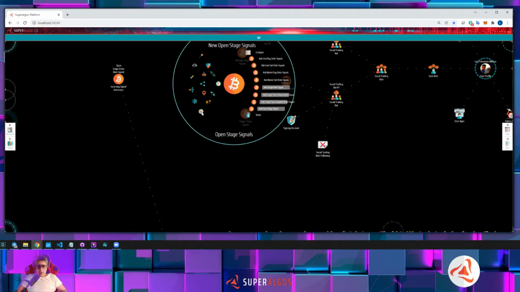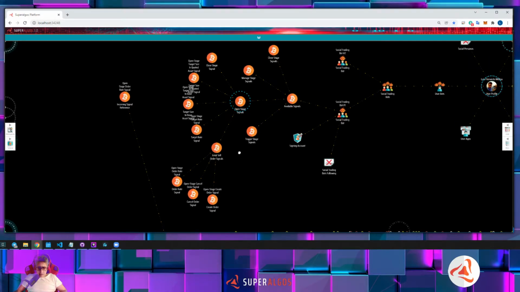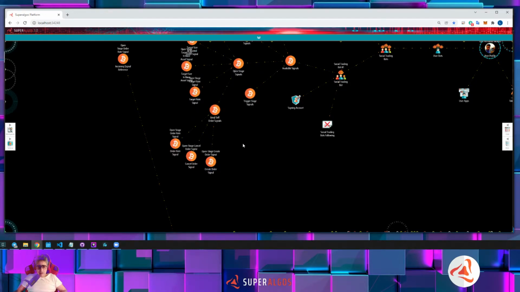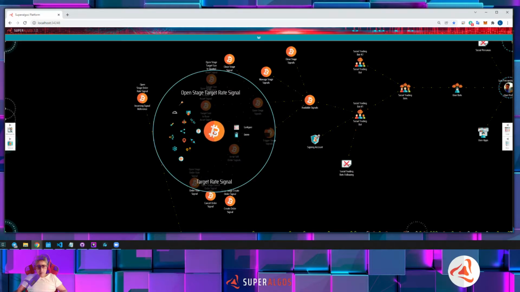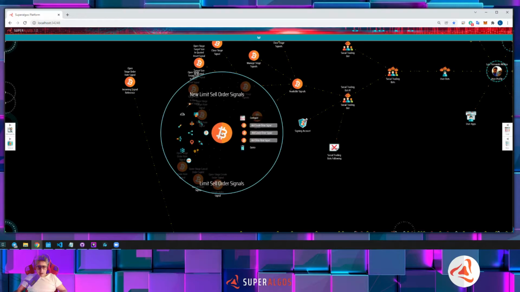This is open stage. So the open stage, we have limit sell order signals. Okay, so here I can have one or more signals representing one or more orders.